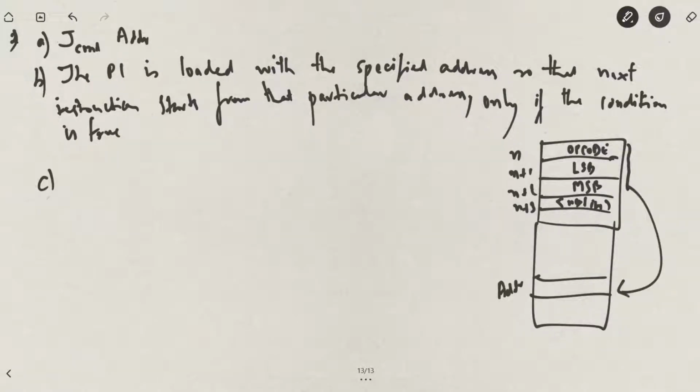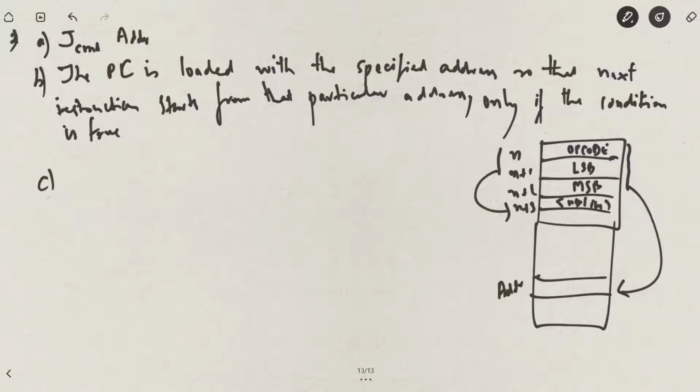The program will jump to this particular address location and instructions will start from there. If the condition is not true, the condition is actually checked in memory read machine cycle number 1, and in that cycle we will have read only the LSB of the address so far. So it will directly see whether the condition is true or not, and then jump to this location and start the next instruction.